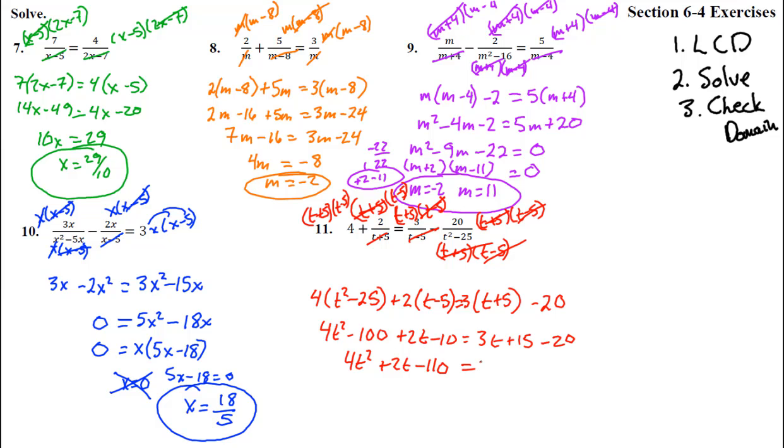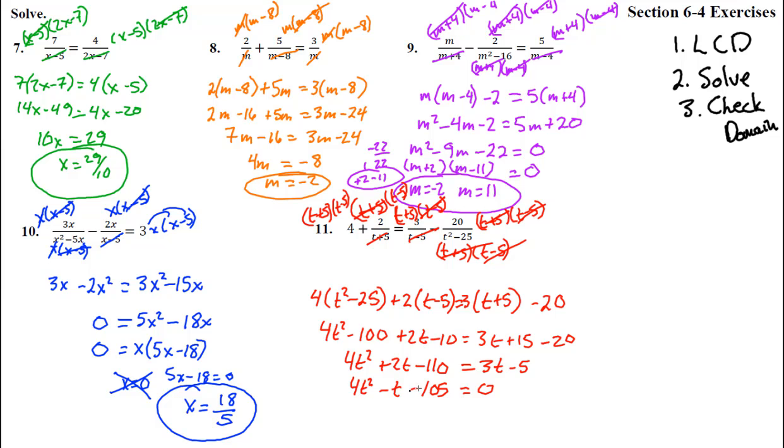And over on this other side, we have 3t minus 5. Good. Okay, so we're going to subtract 3t from both sides, and we get 4t squared minus t, and then add 5 to here, and we get minus 105. Good. Equals 0.